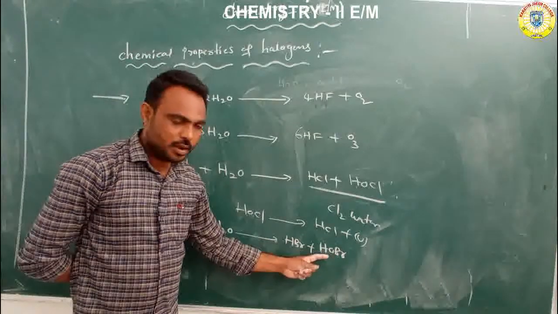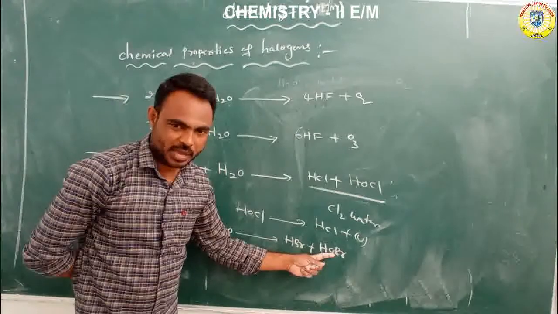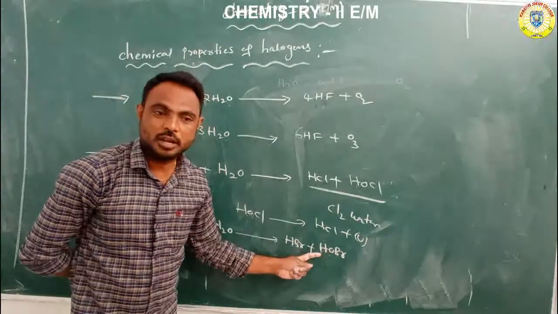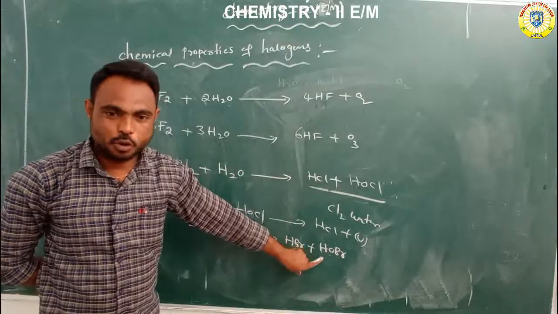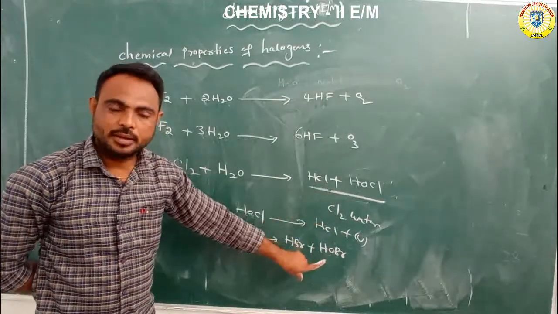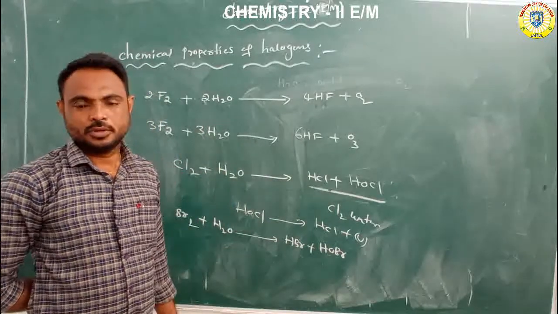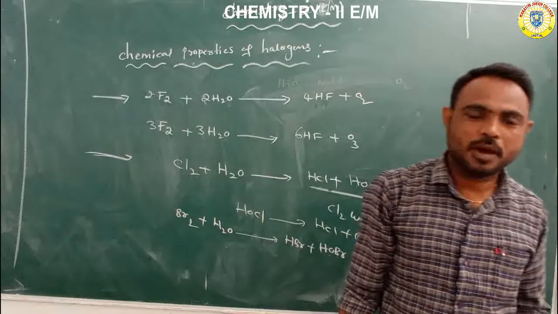Overall, the combination of HBr and HOBr is called bromine water. So chlorine water, bromine water react with water molecules.